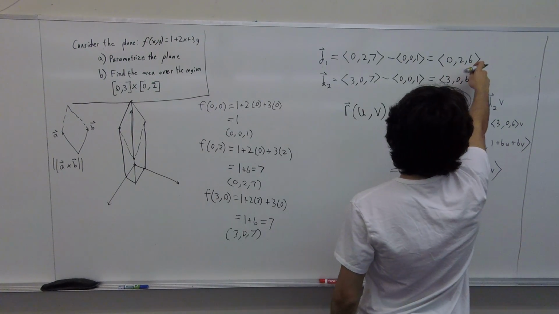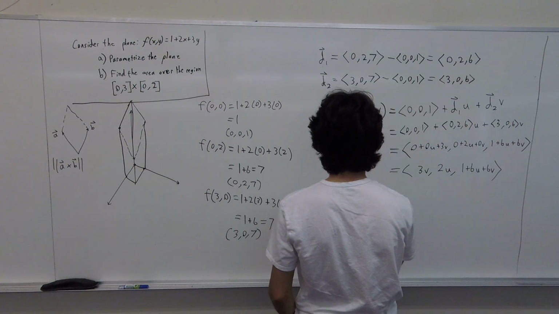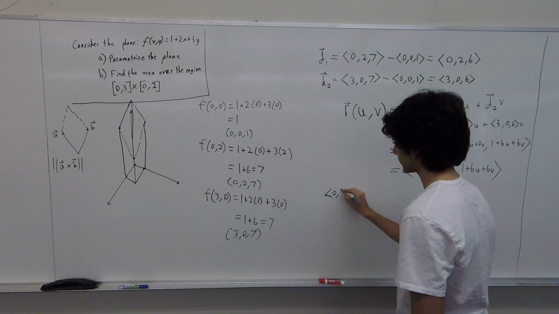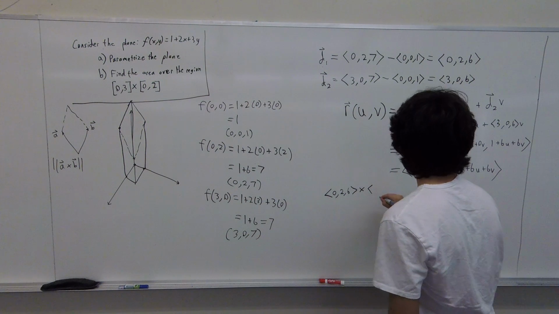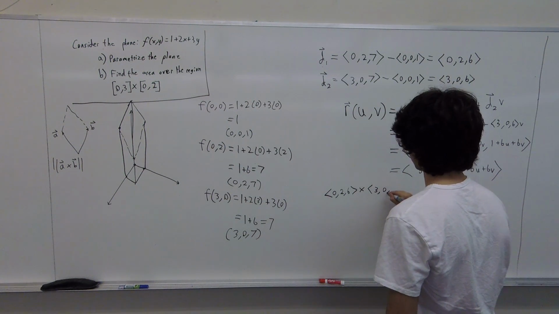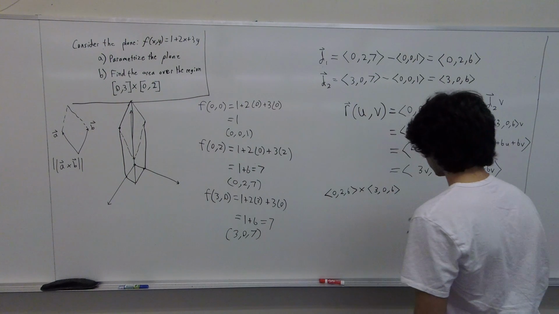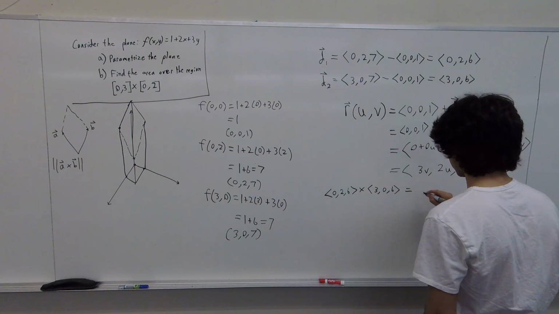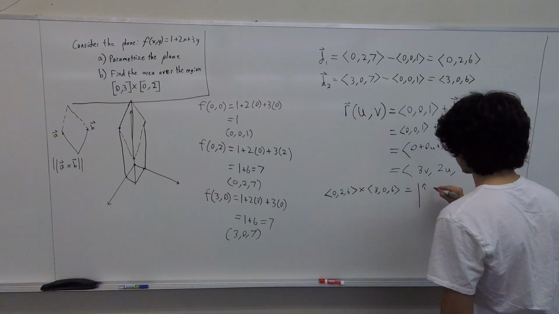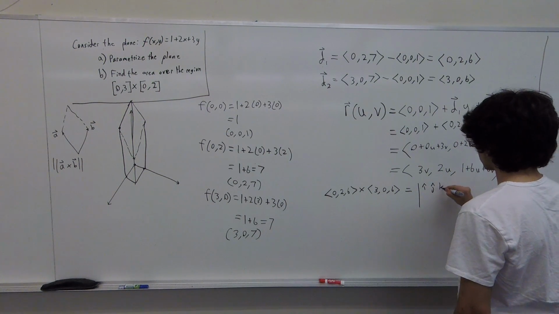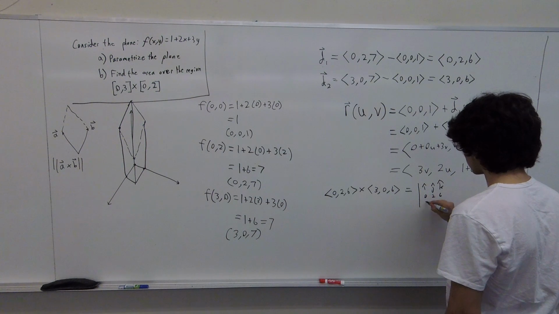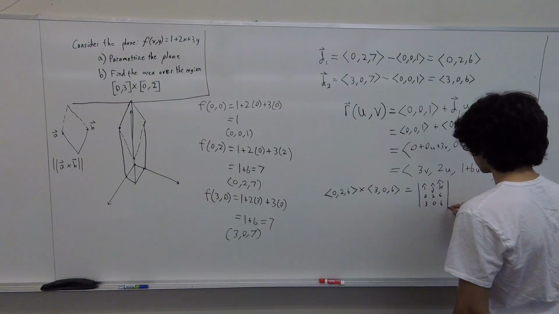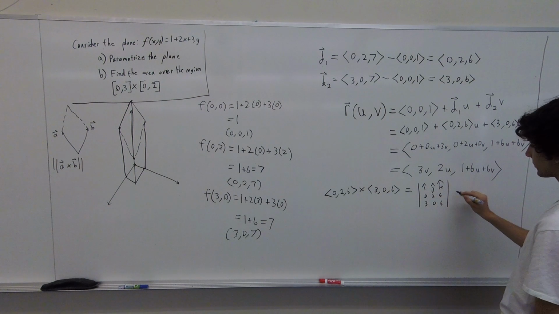So our two vectors are 0, 2, 6, and we want to cross that with 3, 0, 6. And this equals... we can just proceed with taking the cross product normally.